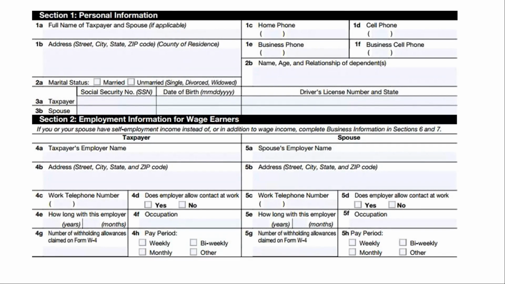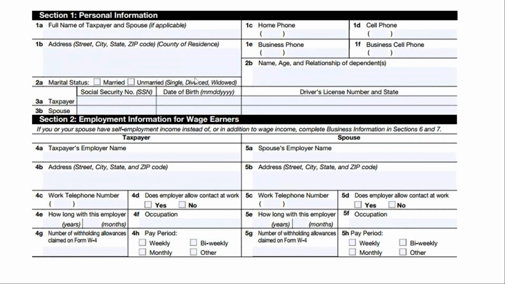So the 433A, the long form, if you want to call it that, maybe I shouldn't use that term, this is what is on there. Personal information up here. I'm not going to read every single thing on the form.